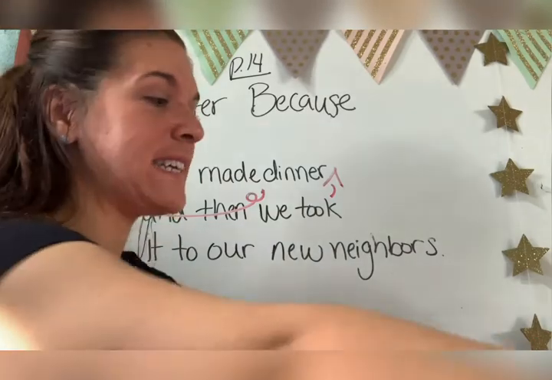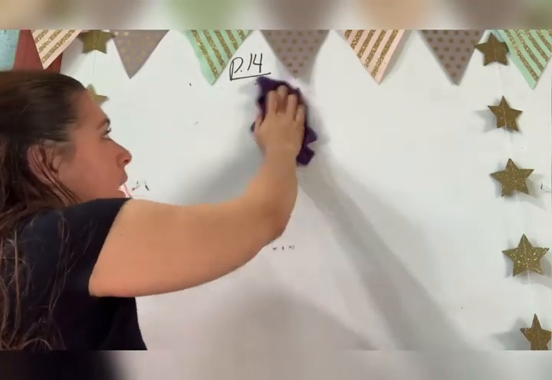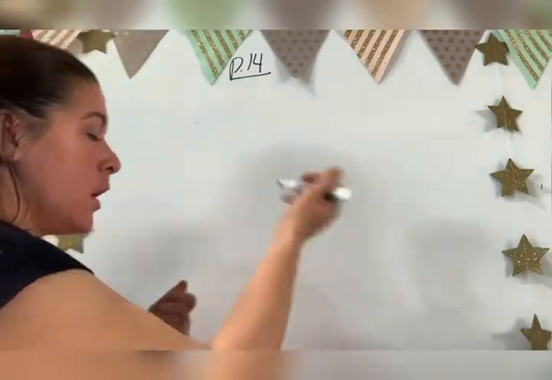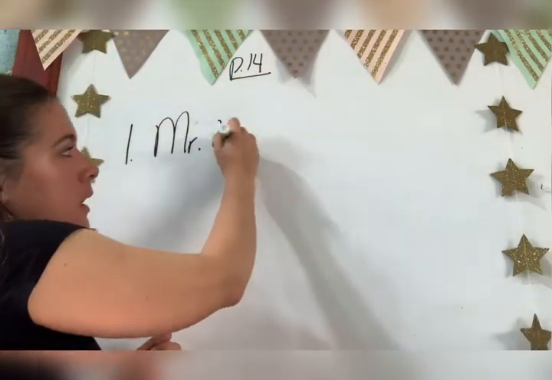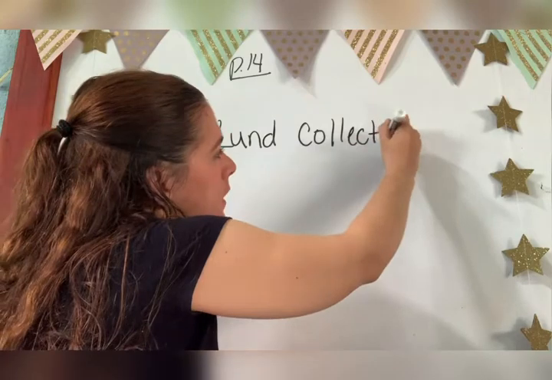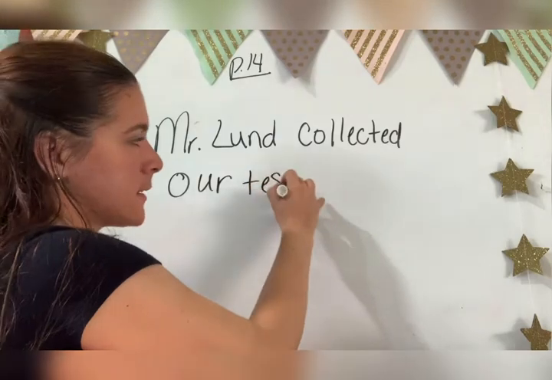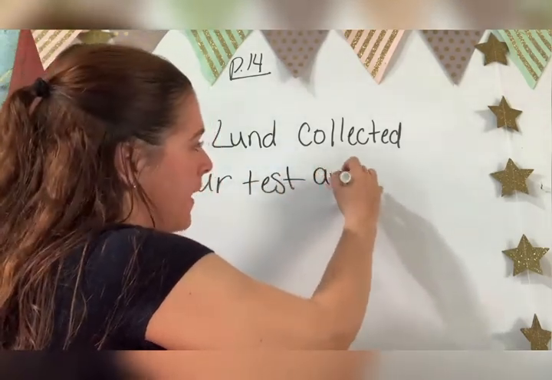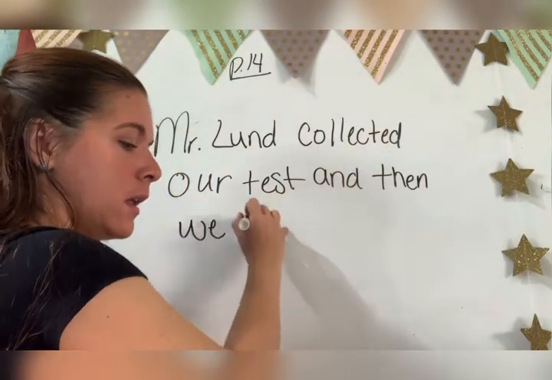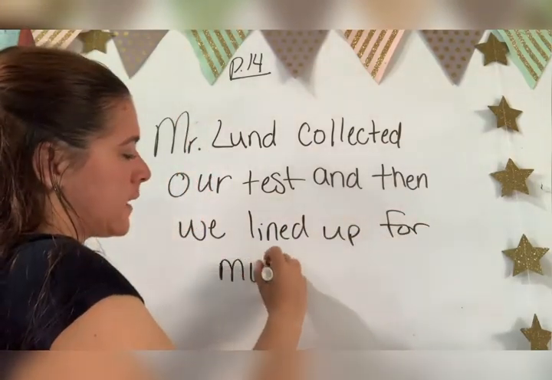Okay, let's do Think D. Ready for Think D? Let's read the instructions while I write the sentence on the board. Okay, one second, let me write the sentence. Mr. Lund collected our tests, and then we lined up for music class.